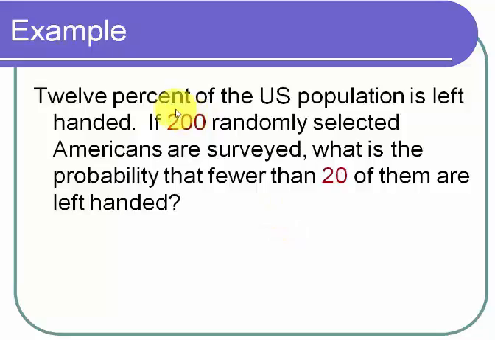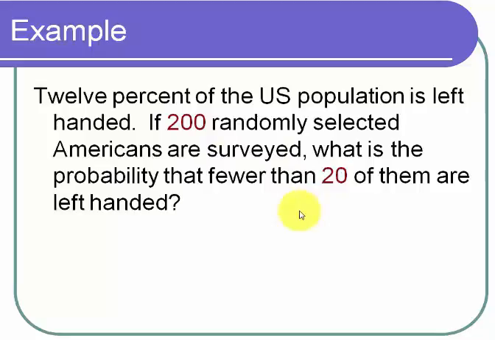Notice that if we take np, that's 20, and that's bigger than 5. And nq, that's 180, 200 minus 20, the number of righties or ambidextrous, which is also bigger than 5.